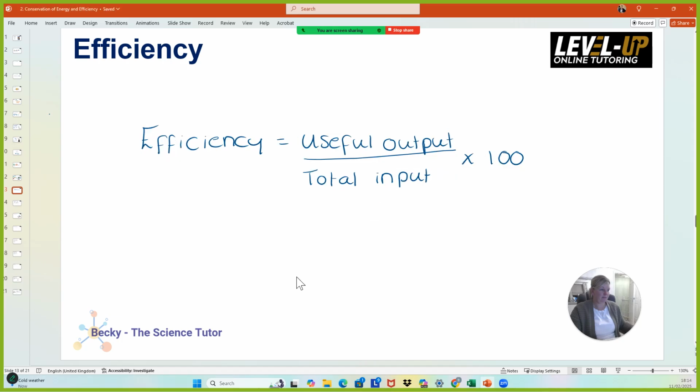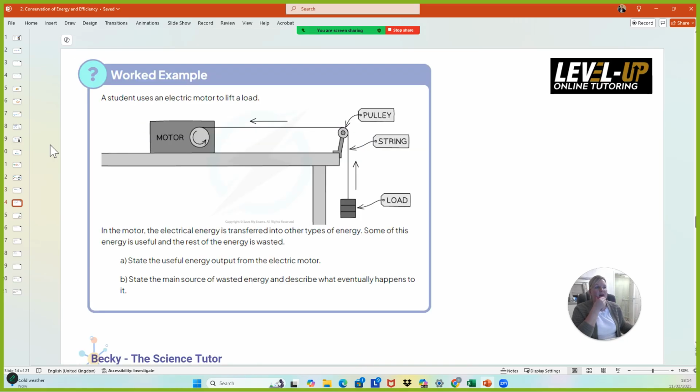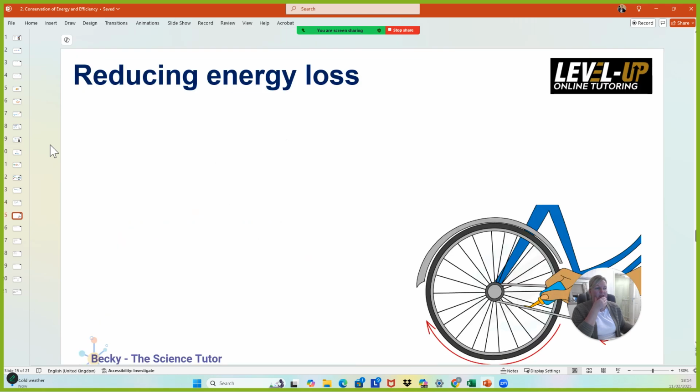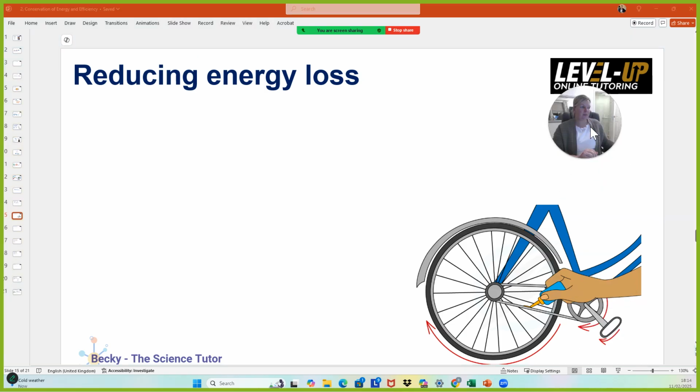Okay. So before we jump into looking at efficiency and doing some actual calculations, one thing I want you to think about is how can we reduce that energy loss? Earlier, when we were talking about the box sliding across the floor, how can we reduce energy loss?